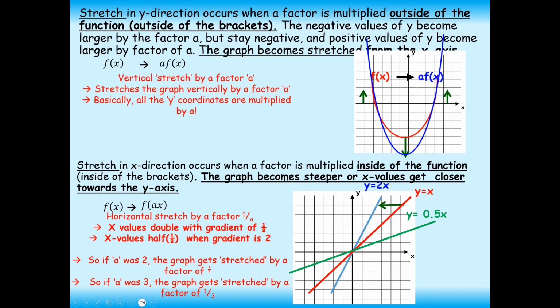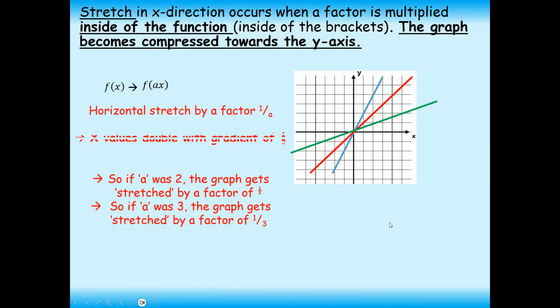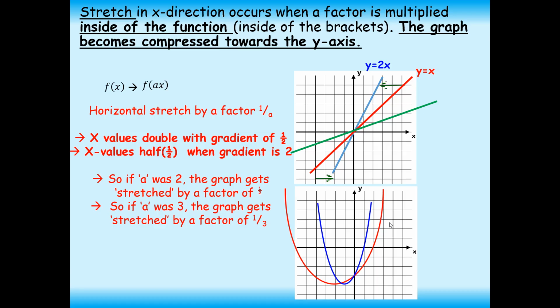This is just what I went through in chapter 4, so that's why I'm not explaining too much. The point is, we'll see the effects on sine curves and cosine curves in a minute.